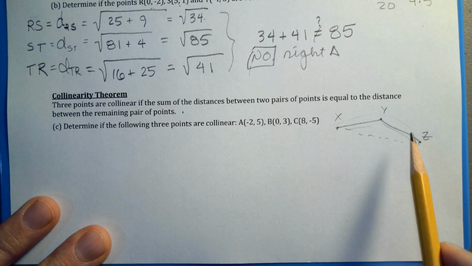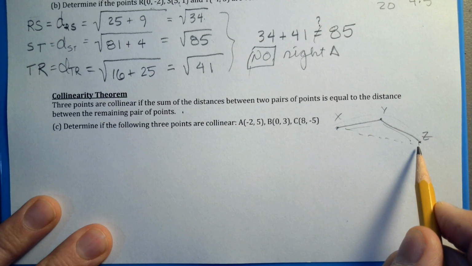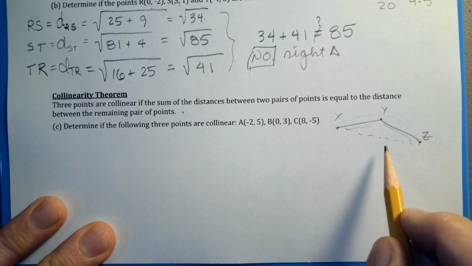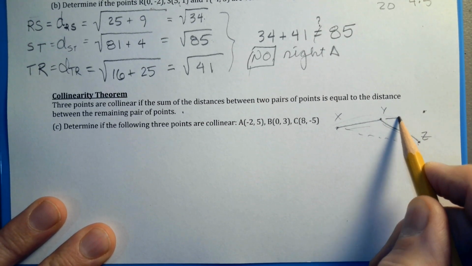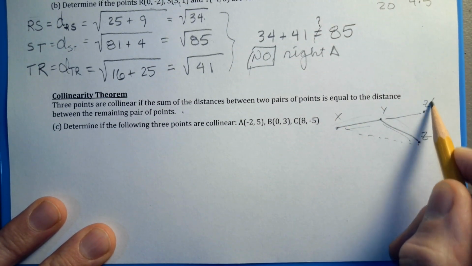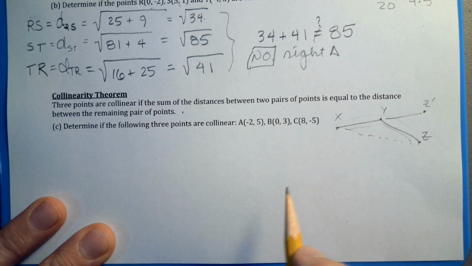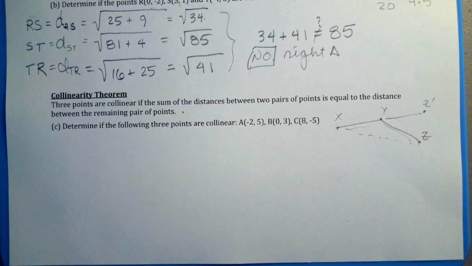If you remember from geometry, in a triangle the largest side has to be smaller than the sum of the other two. And so if Z was on this line, if Z was out here somewhere, then you can see that XY plus YZ would be equal to XZ, and so now we know they're collinear if the two smaller ones add up to the same length as the larger distance between the two.